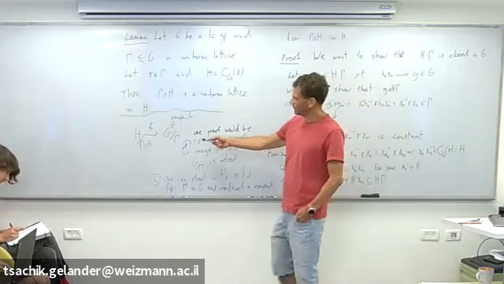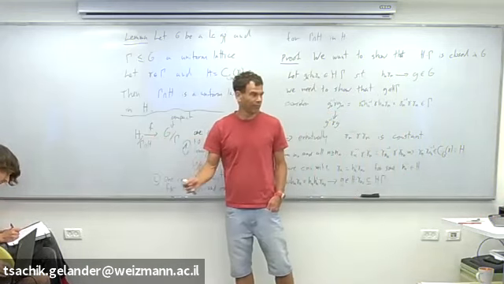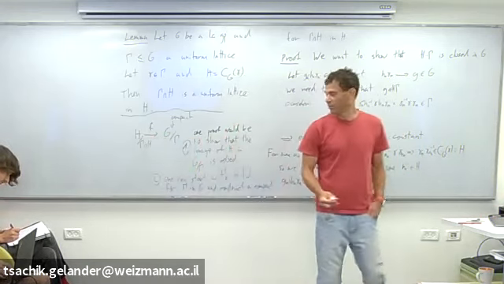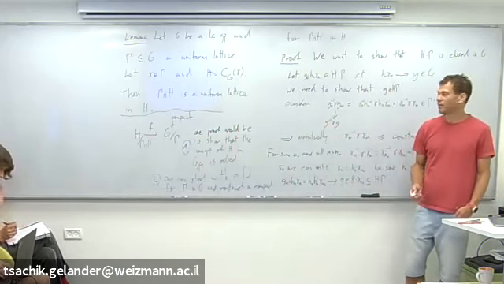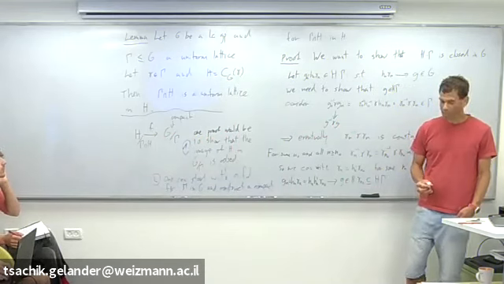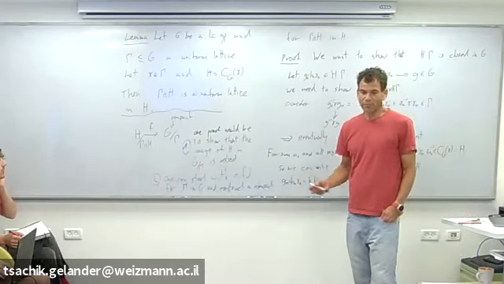So whenever gamma is a discrete group and H is a centralizer of an element, in fact it shows more than we wanted. And yeah, so this is one proof.